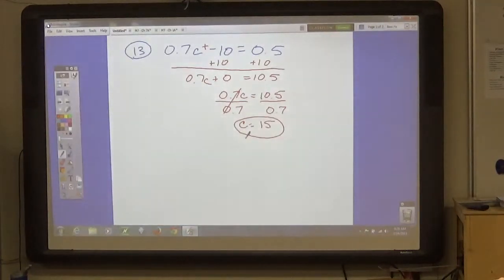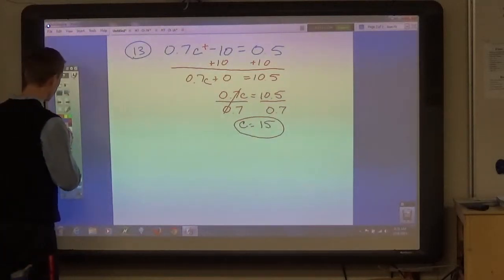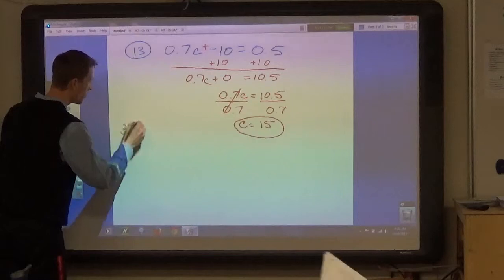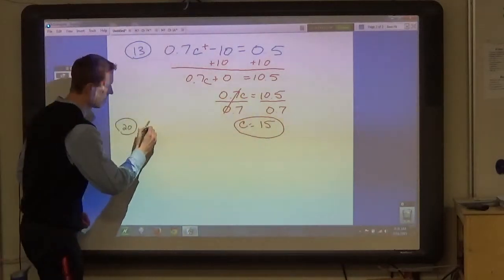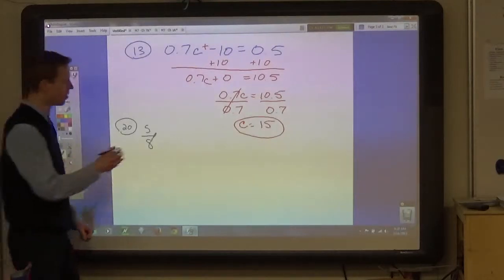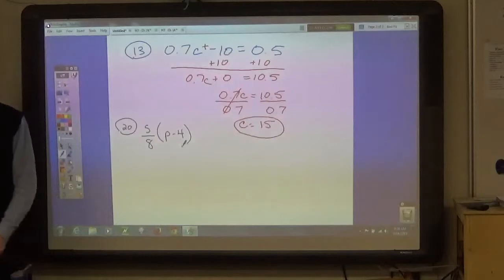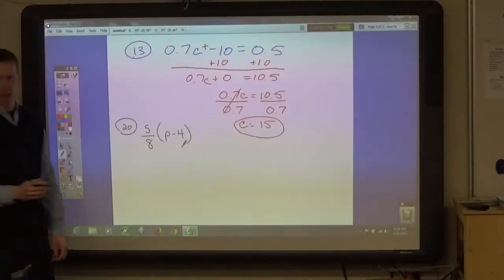What if we had one with fractions, which you'll have to do tomorrow? So what if we have number 20 in your book? 5/8 times b minus 4 equals 2.